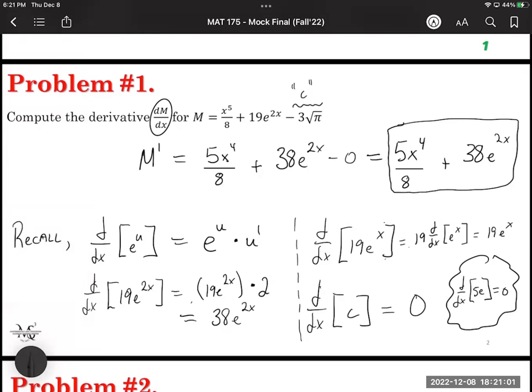I have a question. Go ahead. E to the power of 0, 1. E to the power of 0? Yeah. So wouldn't we say that 5e is 5e to the power of 1? Well, if you have 5e to the power of 1, e to the 1 is still a constant.